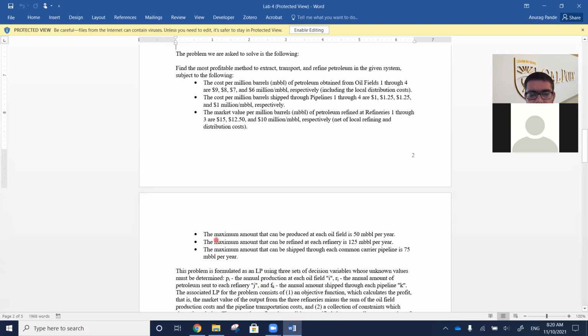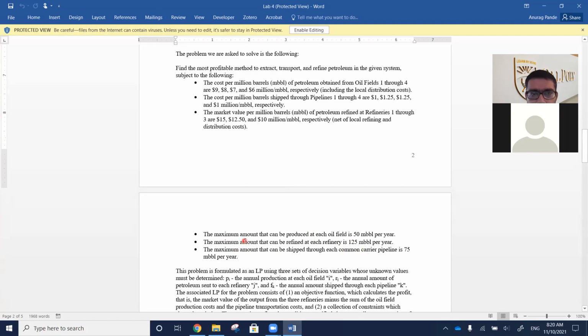Here is the constraint. The maximum amount that can be produced at each oil field is only 50 million barrels per year. So the oil field can only produce 50 million barrels. The maximum amount that can be refined at each refinery is only 125 million barrels. And then the maximum amount that can be shipped through each carrier pipeline is only 75 million barrels.